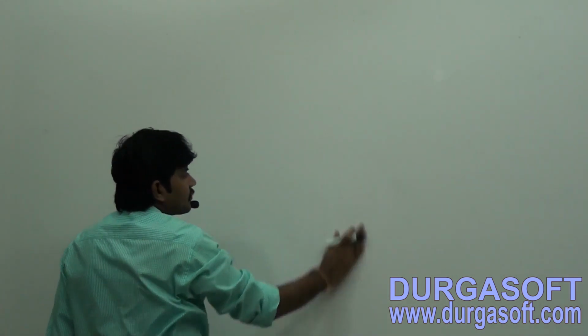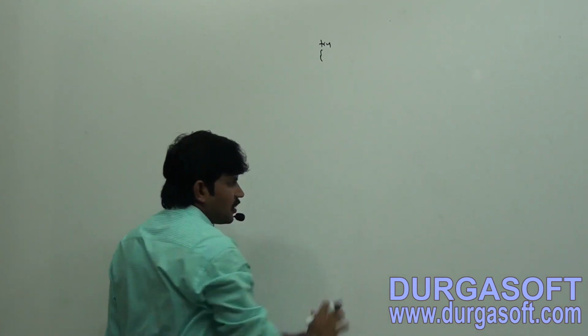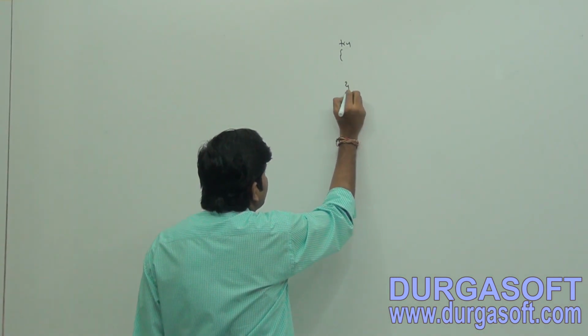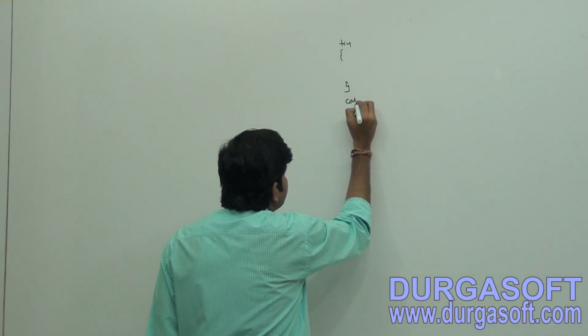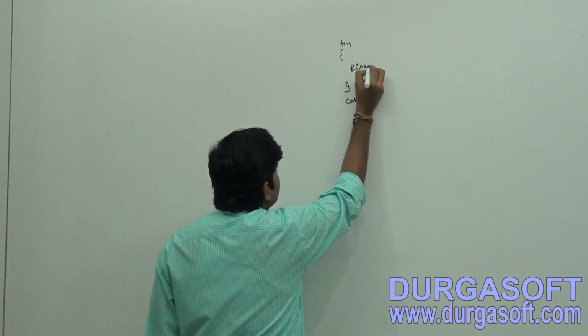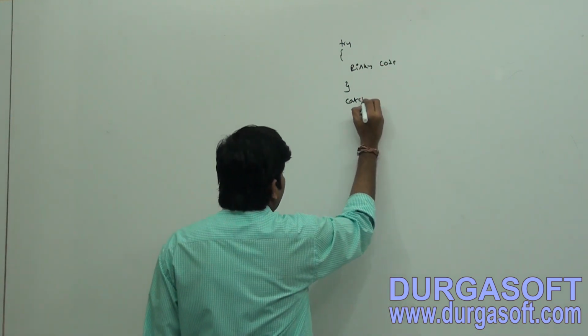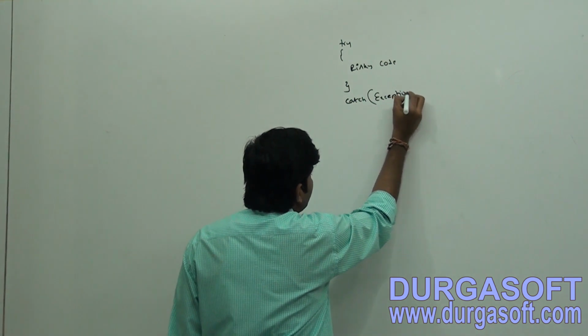Sir, I am taking try. Now, legend this one, try. Now here we can take some risky code. Risky code, catch block. Try, some risky code I am taking. Catch block, here Exception e I am taking.